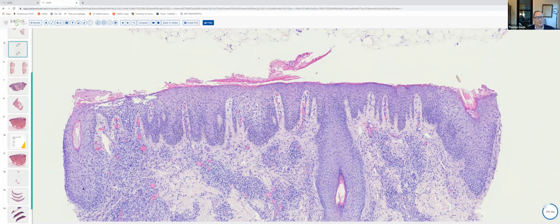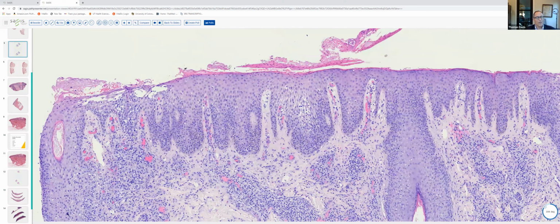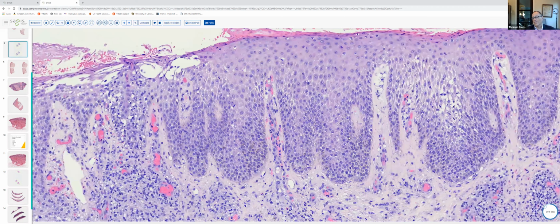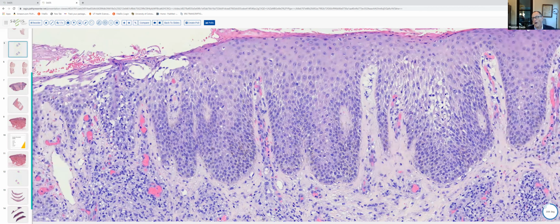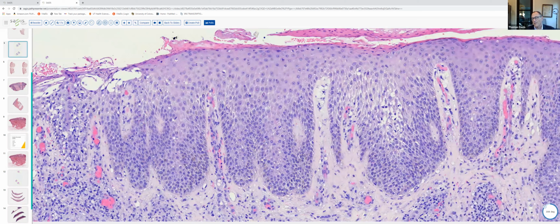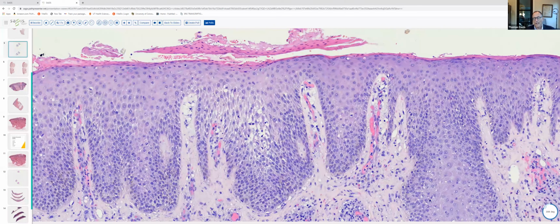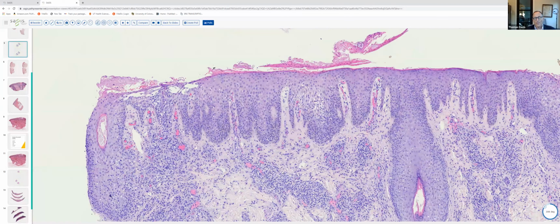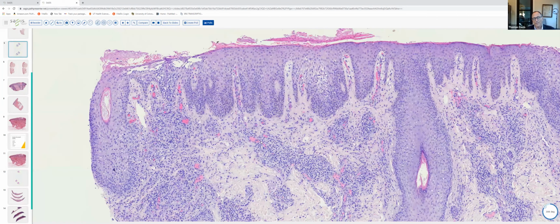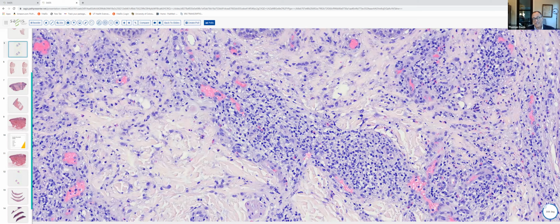There is intercellular edema with extension of lymphocytes into widened intercellular spaces. There are dilated vessels in the papillary dermis. And once again, there's a perivascular infiltrate containing lymphocytes and eosinophils.